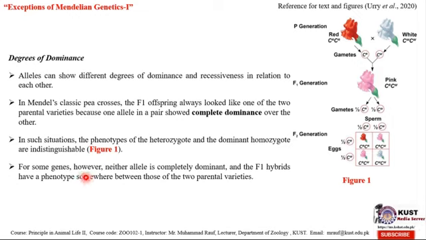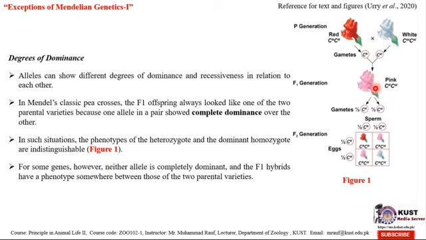For some genes, however, neither allele is completely dominant, and the F1 hybrids have a phenotype somewhere between those of the two parental varieties. On the right side of your screen, you can see the example where a plant having red flowers is crossed with another plant having white flowers.